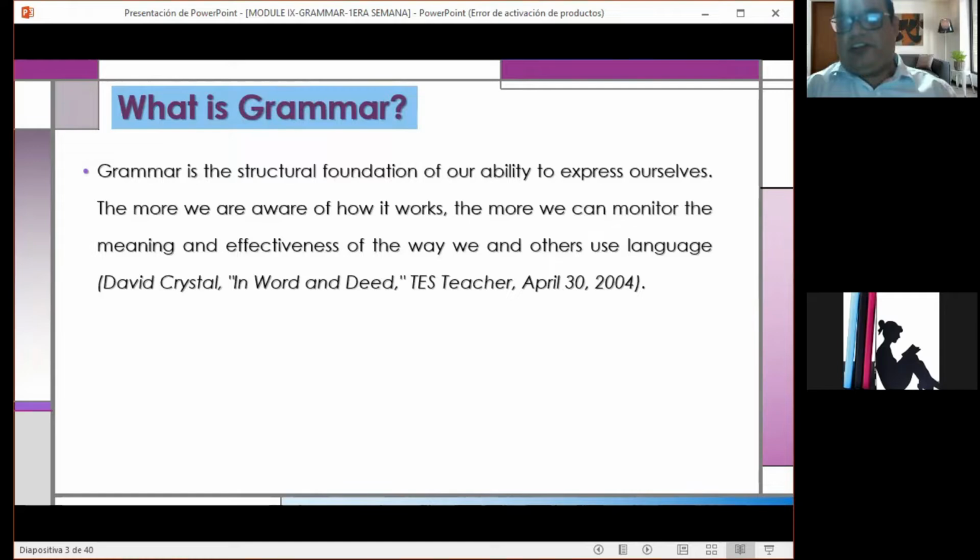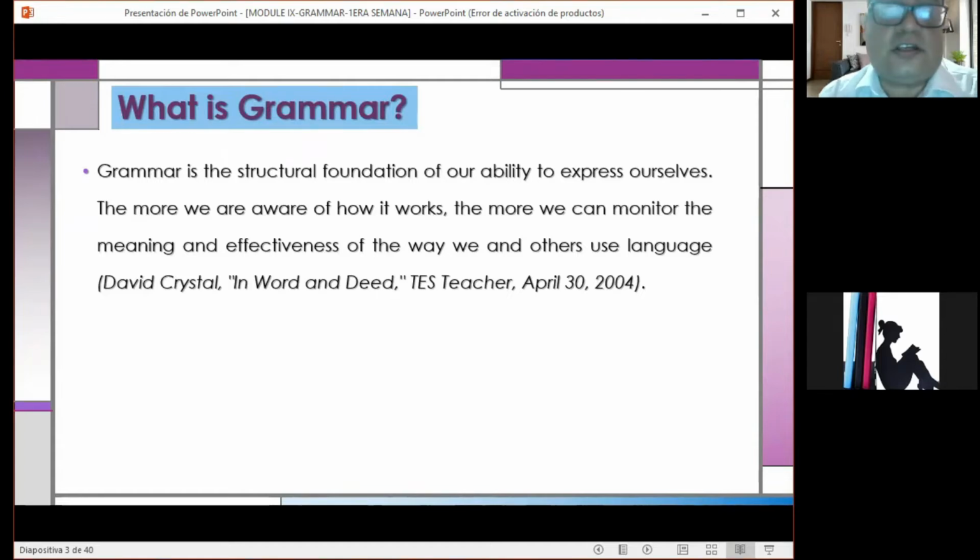So here you have another definition of grammar. Grammar is the structural foundation of our ability to express ourselves. The more we are aware of how it works, the more we can monitor the meaning and effectiveness of the way we and others use the language. This definition was given by David Crystal, who is a famous linguist and university professor.